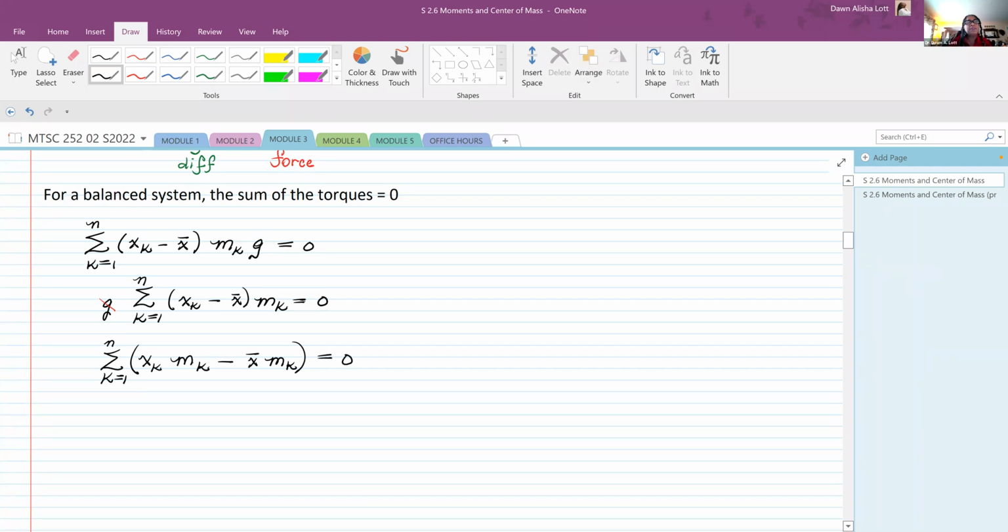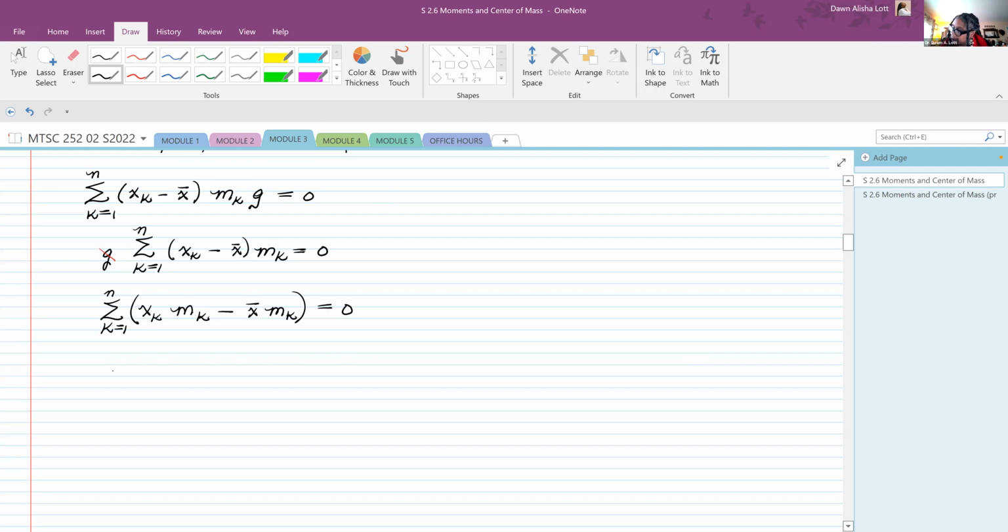Now the sum of the differences is the difference of the sums. So I can make this the sum from k equals 1 to n of xk times mk. And since x bar is a constant, I'm going to pull it outside the sum, and I get this.